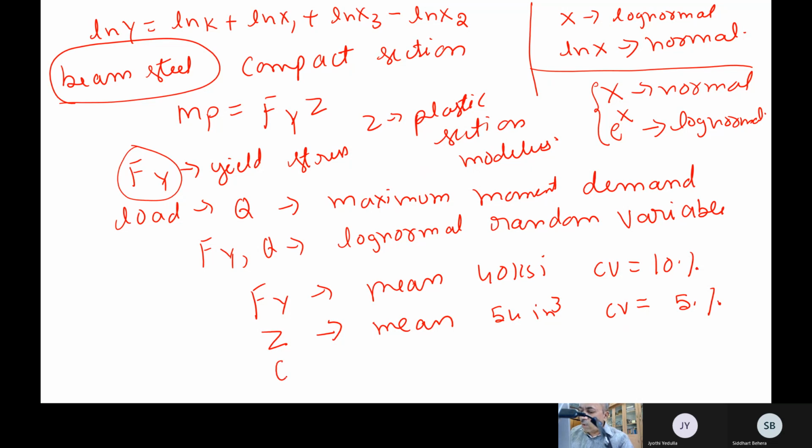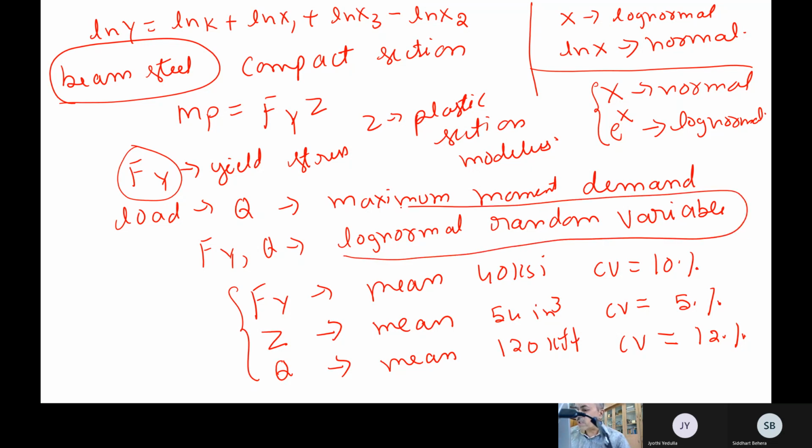Then the load Q is also a random variable, with a mean value of 120 k-ft and a coefficient of variation of 12%. So these are the details: the mean and standard deviation of all these random variables, and all of them are log normal. Now we want to find the performance function and the probability of failure.